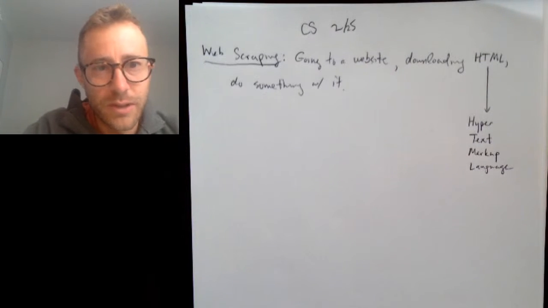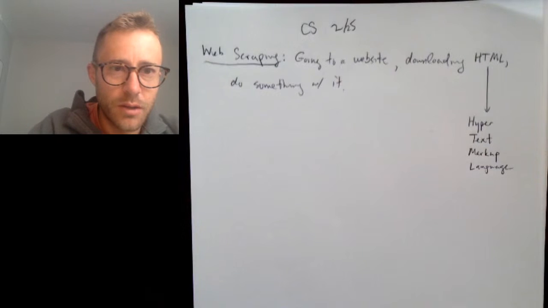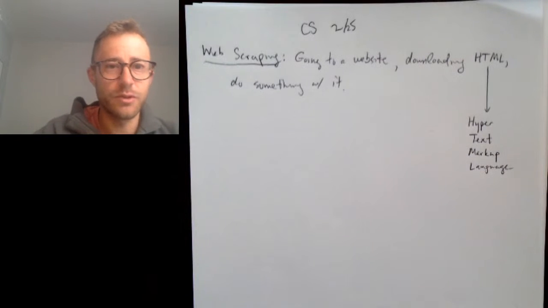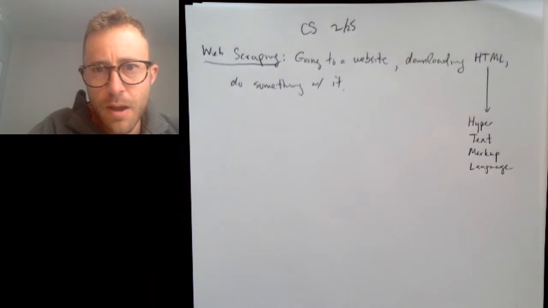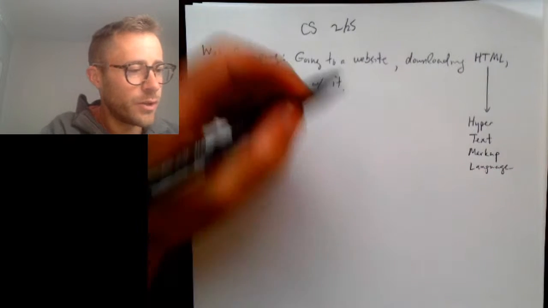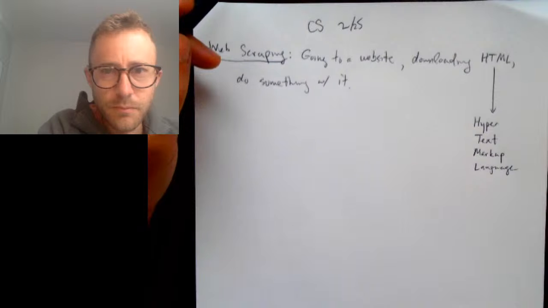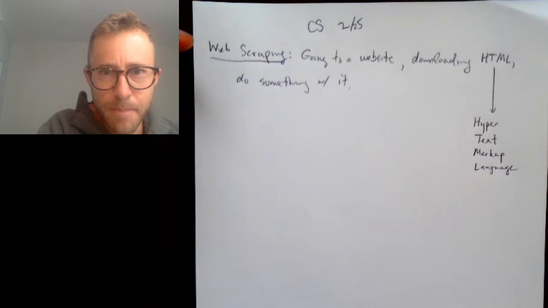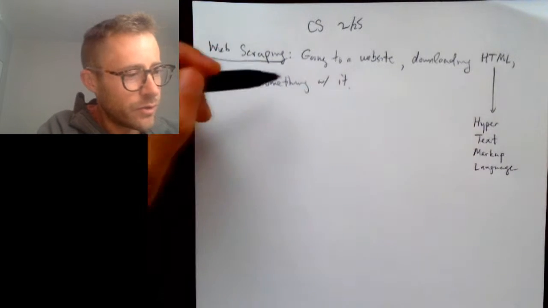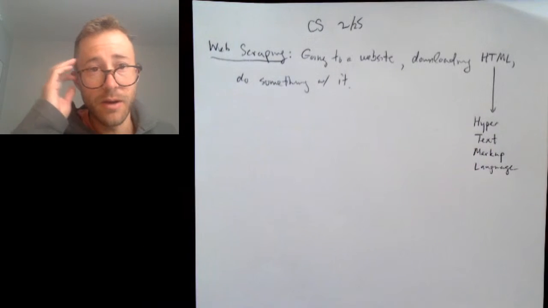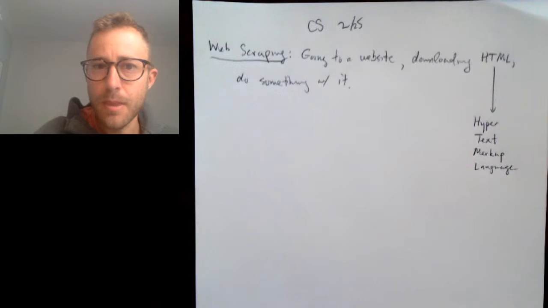It can pull the text that is on the website and then use that for search results. So it does all kinds of stuff with it. So web scraping is pretty useful, but to understand how to do web scraping, you have to at least know a little bit of HTML.